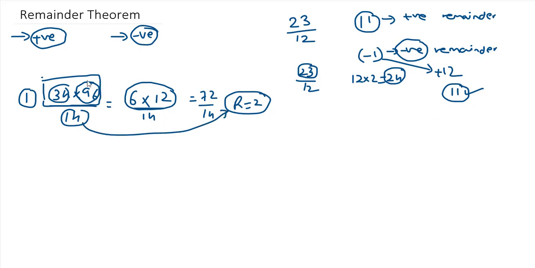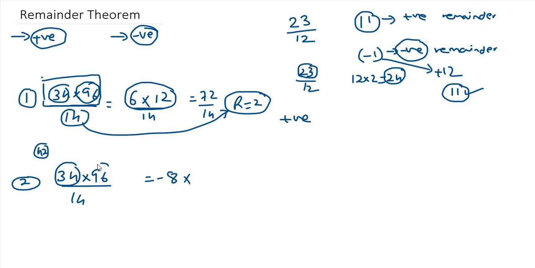So instead of multiplying them and then finding the remainder, we can find the individual remainders, then multiply them, simplify it further and find the remainder. So this was by using positive remainder. We can use negative remainders as well. Let us consider the same example, 34 into 96 divided by 14. So 14 into 3, as we know, will come out to be 42. So the negative remainder when 34 is divided by 14 will be minus 8.